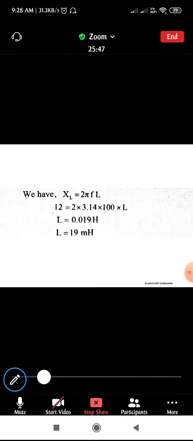So the L value comes out to be 19 millihenry. Just copy down, those who have not done. Still, I didn't get a reply from Yashaswini. Okay, she'll be marked as absent.